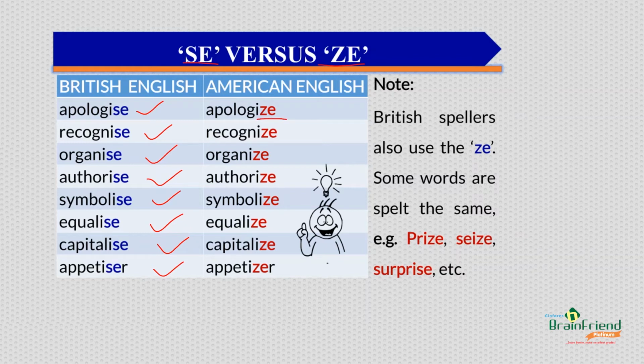But note that British speakers also use the letters ZE. Also note that some words are spelled the same. Words like prize, seize, surprise, and so on. Prize is spelled with a Z, seize is spelled with a Z, and surprise is spelled with the letter S.